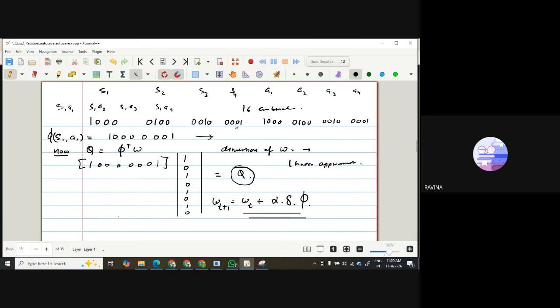But sir, in this equation we saw a squared term. So why is it known as linear approximation? We are getting a quadratic term in the equation.